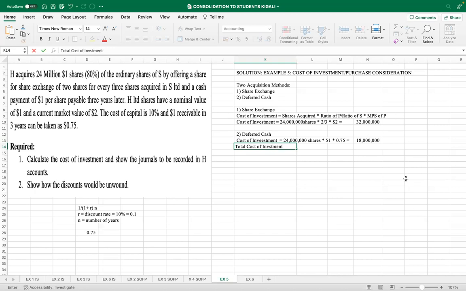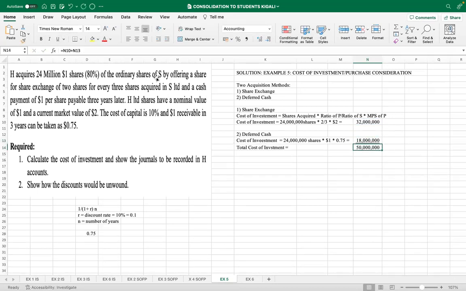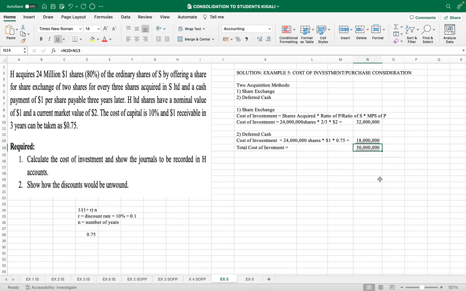You add those two, 32 million plus 18 million. So the total cost of investment that we will use to calculate goodwill is 50 million. So we had number 1, share exchange, and number 2, deferred cash.